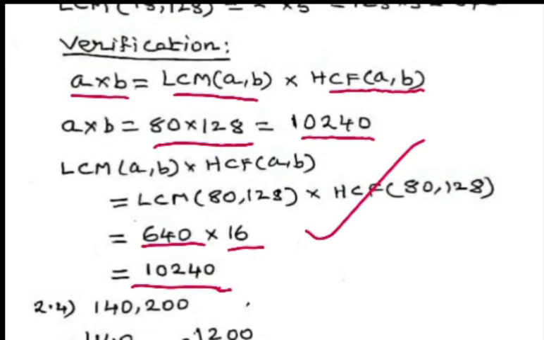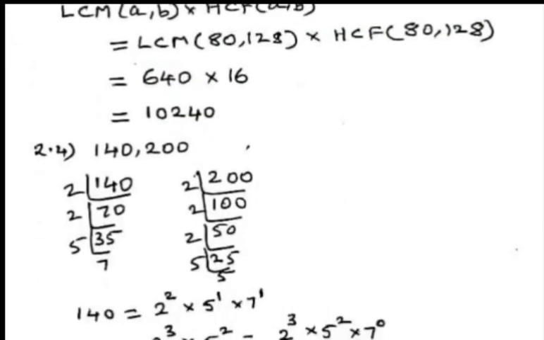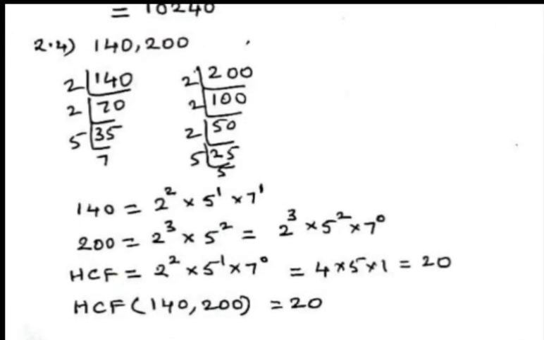Now we consider another problem. Find LCM and HCF of 140 and 200 using prime factorization method. So we note down prime factors for 140 and prime factors for 200. Prime factors for 200 are 2 power 3 multiplied by 5 square.